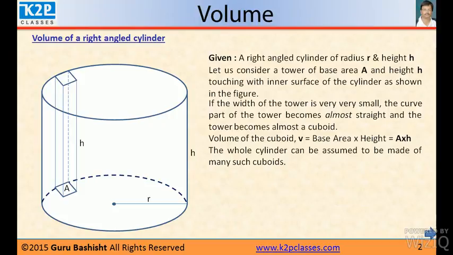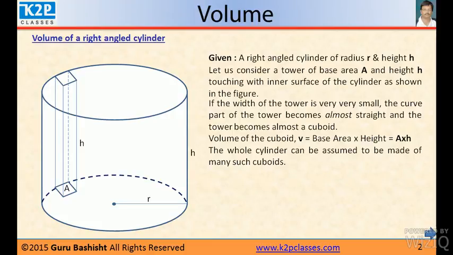Volume of cuboid V equal to base area into height, that is A into H. Capital A is the area of the base into height. The whole cylinder can be assumed to be made of many such cuboids.